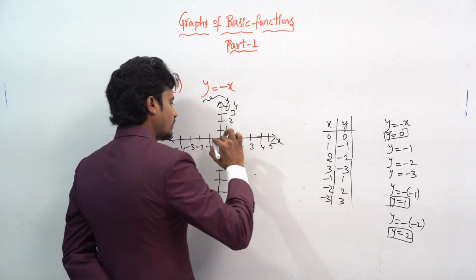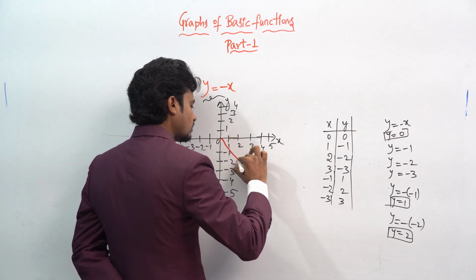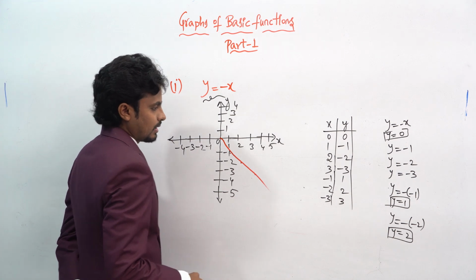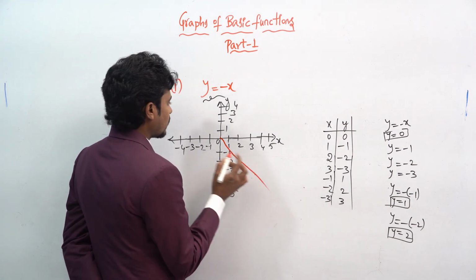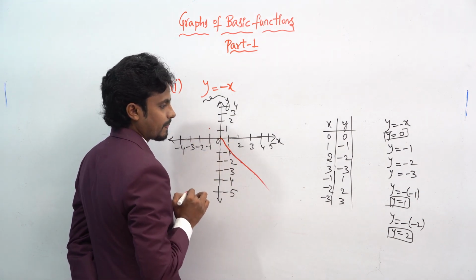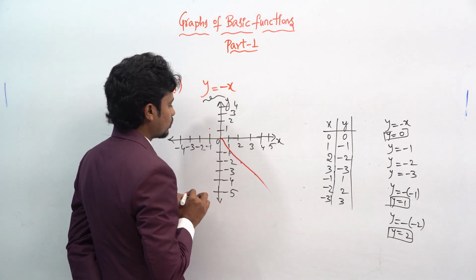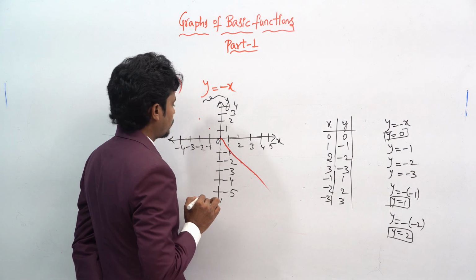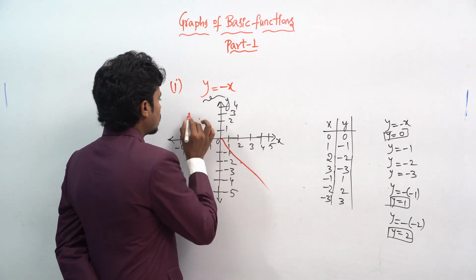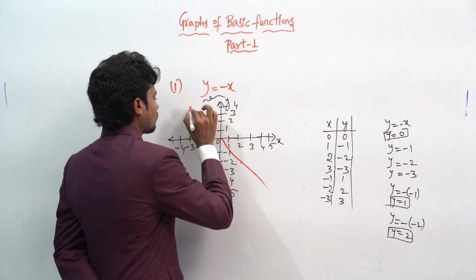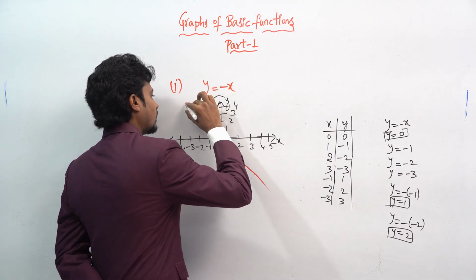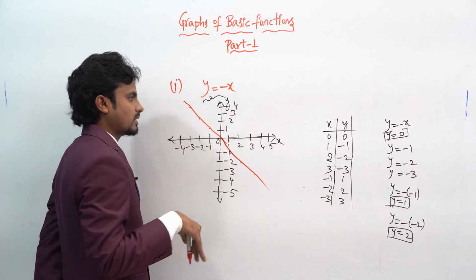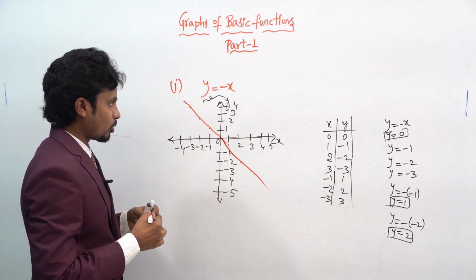Okay, you have to connect all of these points. Okay, here like this. Next, if you take minus 1, how much will you get? You will get plus 1. If you want to take minus 2, how much will you get? You will get plus 2. If you want to take minus 3, how much will you get? You will get 3. Okay, connect these points. So this was the graph for the y is equal to minus x plot.